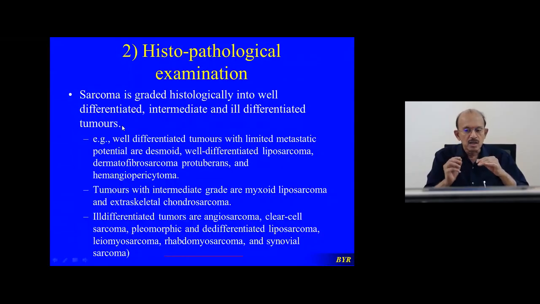You must take a small bit by true cut biopsy. Already I have shown you the true cut needle. So this is the true cut needle. With the help of the true cut needle or with a core biopsy needle, you take a small core of tissue and send it for biopsy. Once the biopsy report comes as sarcoma, you take an MRI scan.